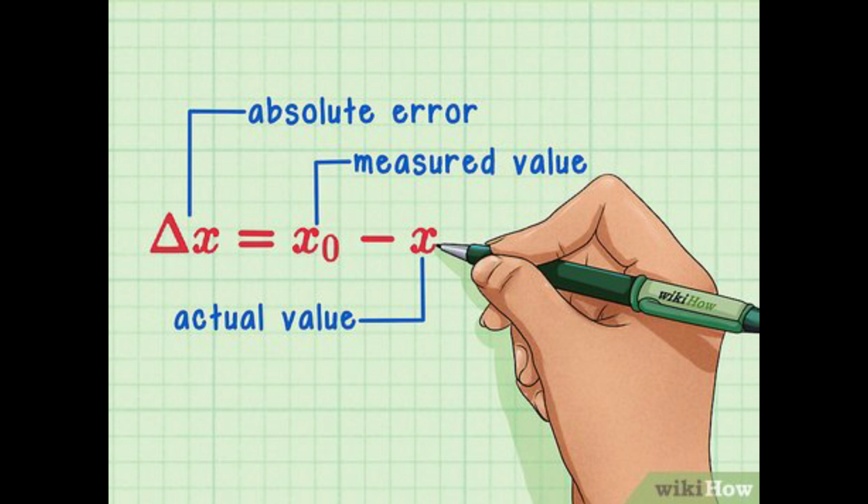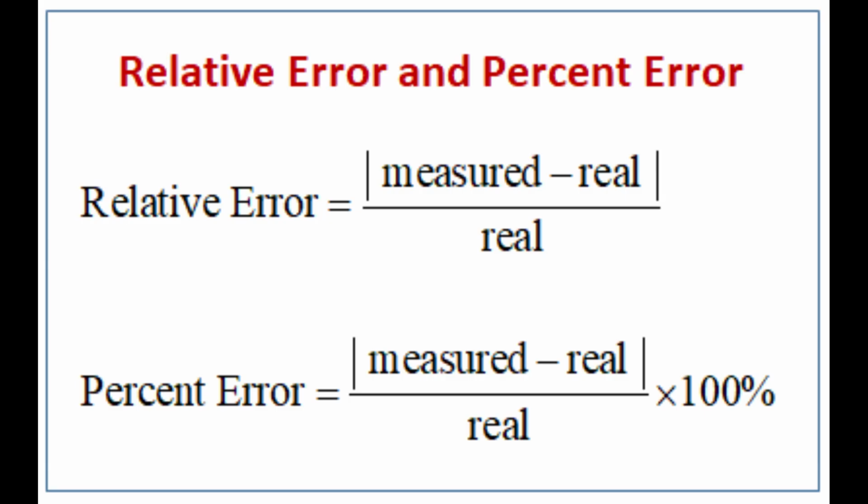Mod means absolute, which turns any negative or positive number into a positive number. So errors cannot be a negative quantity. We write it as the absolute of the true value minus the approximated value, or the approximated value minus the true value, and that is the absolute error.